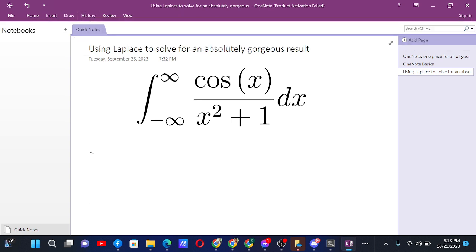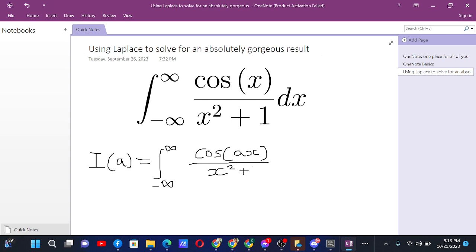First of all, we define I of a in the following way: I of a equals the integral from minus infinity to infinity of cos of ax over x squared plus 1 dx. Next, we will perform a Laplace transform in the world of a.